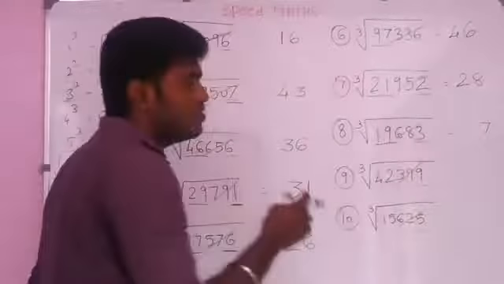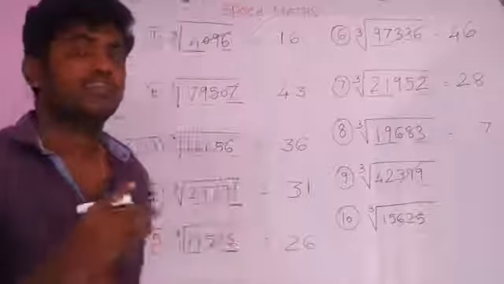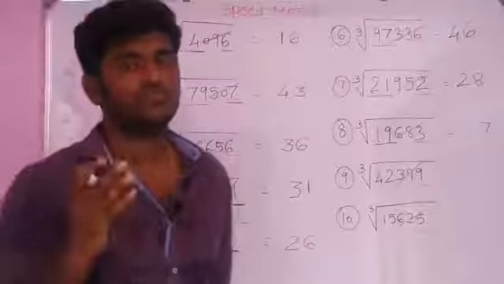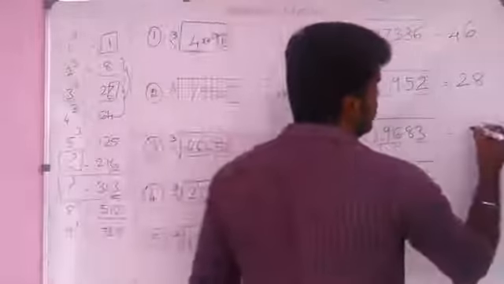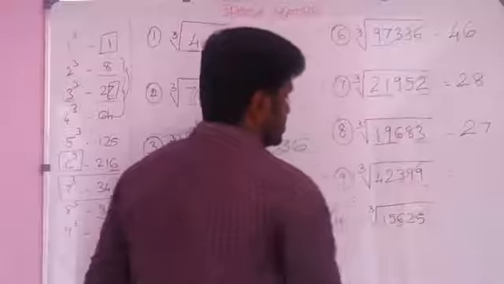Compare the value 19 with the cube values from 1 to 9. 19 is between 2 cube and 3 cube. 3 cube is 27, a higher value, so we take 2 cube, that is 8. So the answer for this question is 27.